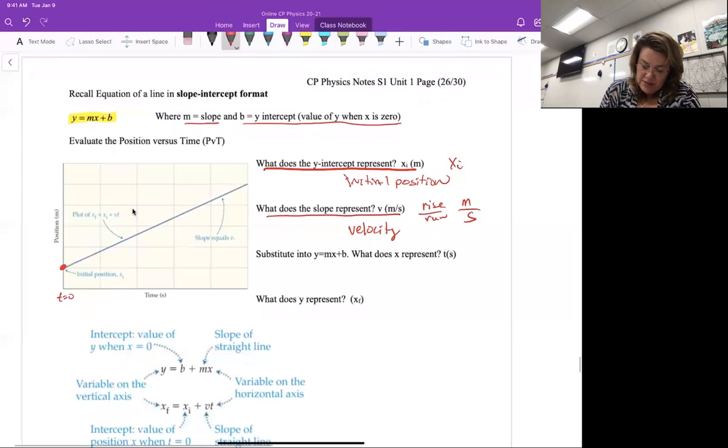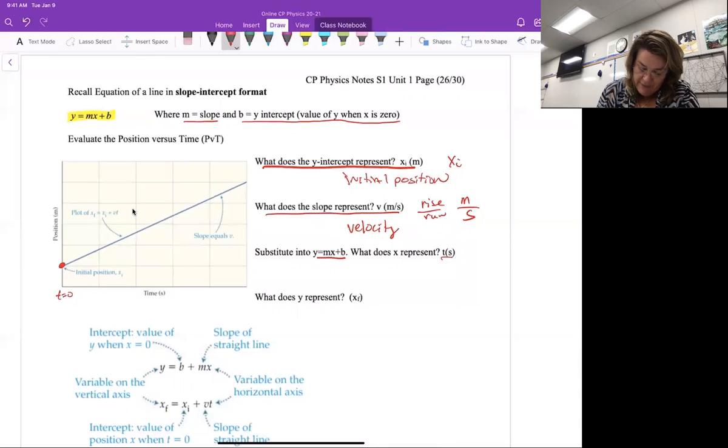So substitute those items into this equation. First off, what is x in this situation? x is time. We know the slope is velocity. We know that what's on the x-axis is time. So there's the variable. Velocity is constant in this situation.